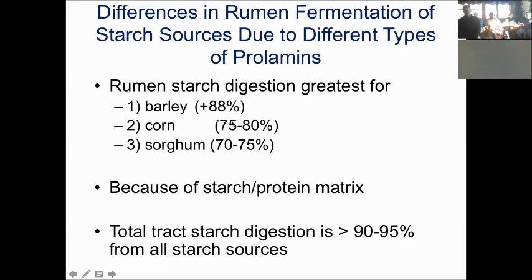Corn is more digestible than sorghum. And the reason for these differences is that barley, corn, and sorghum have different types and amounts of prolamin proteins that then hinder the digestion. And so obviously what this tells you is that the protein matrix with sorghum is much more complex than it is with barley, okay?